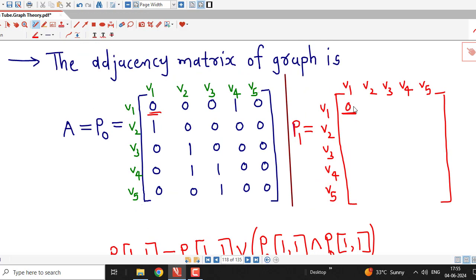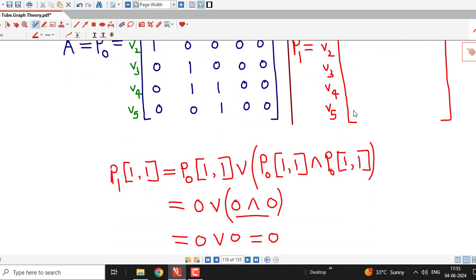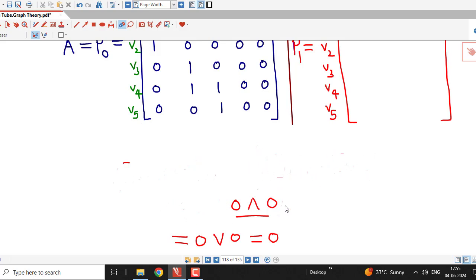So we are writing 0 here. In this way we have to use this formula to write down all the entries of P1 using entries of P0. Now suppose you are not clear about this formula, then if you use any other simple way, we can go in this way.